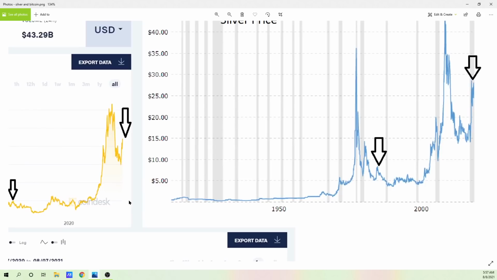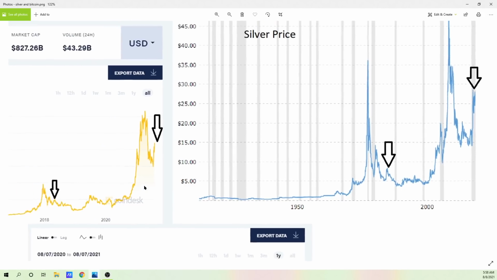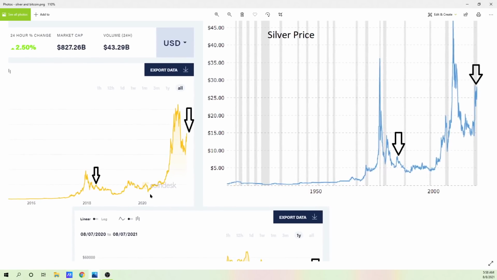Because remember, this is just herd mentality playing over and over again. The movements in this chart are exactly the same as this chart over here, if you were to really look at it. And I'll put these on Twitter so you guys can look at it for yourself. My name is @finding_finance.